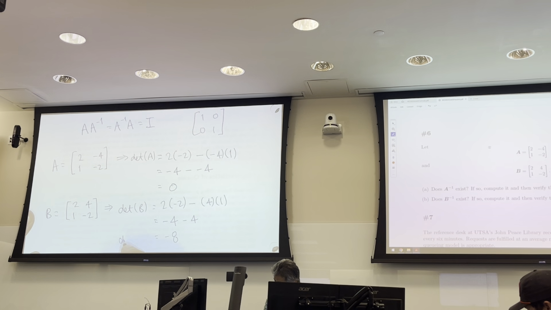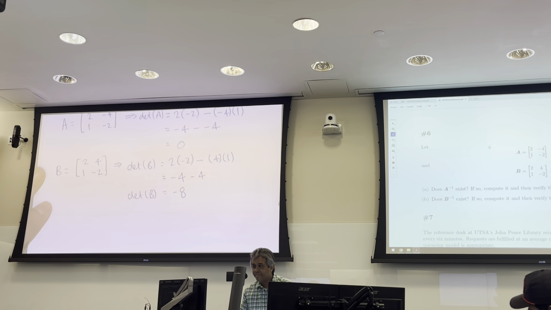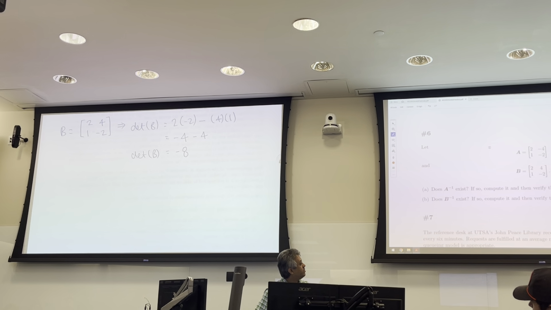So in this case, the determinant is non-zero, which means the inverse does exist.